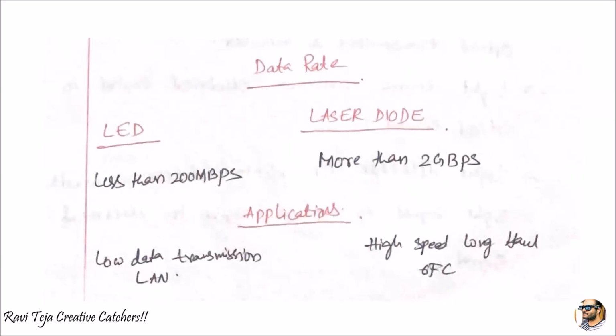Coming to the applications, LED transmission can be seen in low data transmission like LAN cables, and for the laser diode, high speed long optical fiber communications are carried out with the help of these laser diodes.